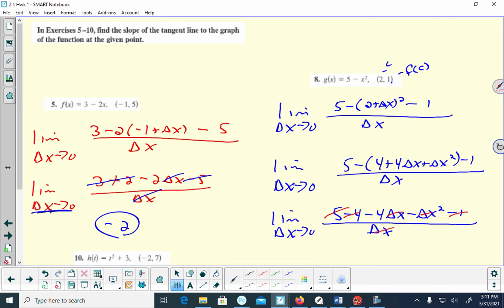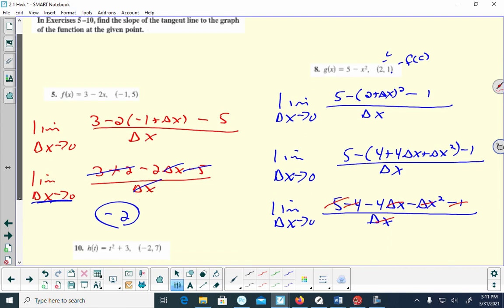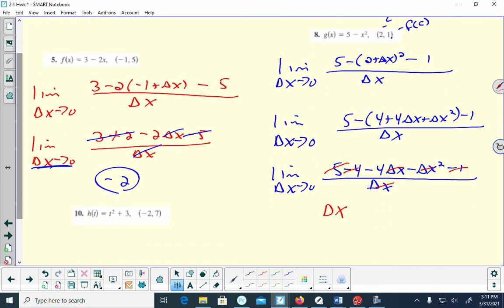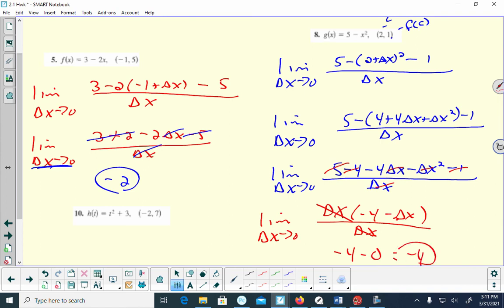Factoring out a delta x, I should have written delta x times negative 4 minus delta x all over delta x. And I only factored out delta x because I know that's what's going to simplify. Now the delta x is simplifying, and I'm putting in 0 for this delta x. I'm going to have negative 4 minus 0. And my final answer is going to be a negative 4.